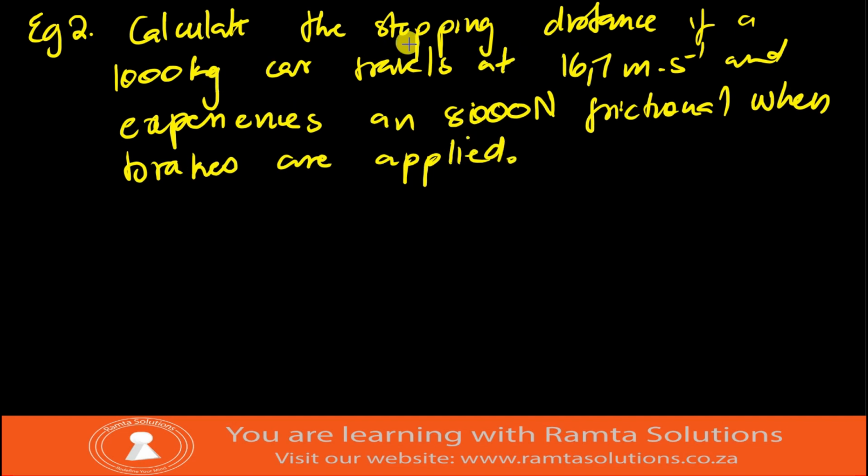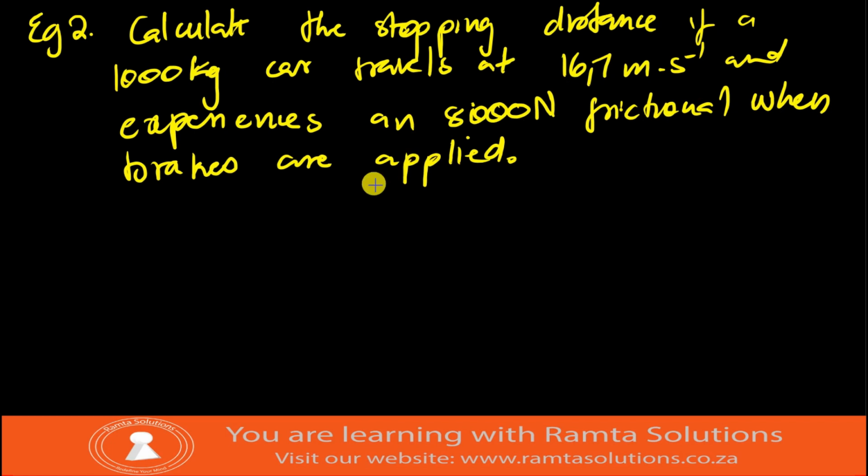Okay, so calculate the stopping distance. If a 1,000 kilogram car travels at 16.7 meters per second and experiences an 8,000 Newton frictional force when brakes are applied.